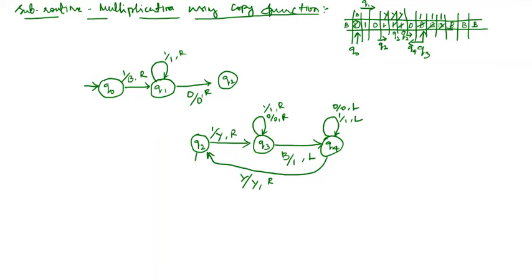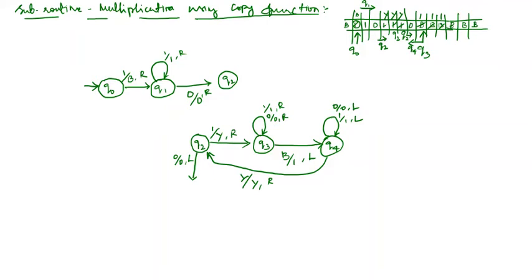Now when I read a 0, keep it as a 0 and move towards the left. Only when I read a 0, what happened? All this is converted, this is copied as 1 in these b's.